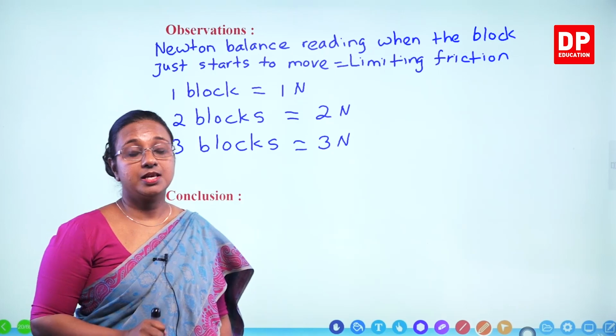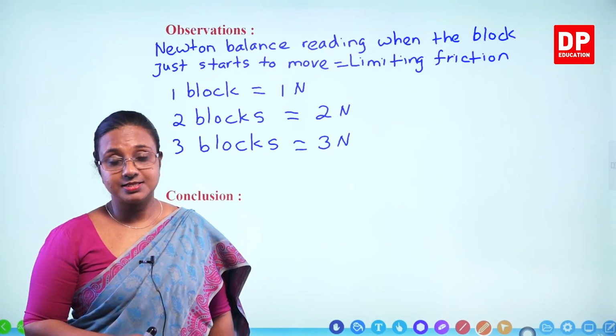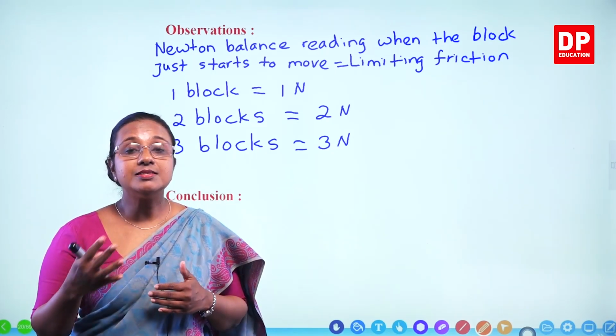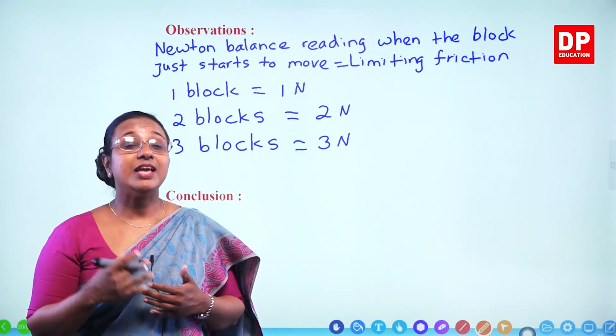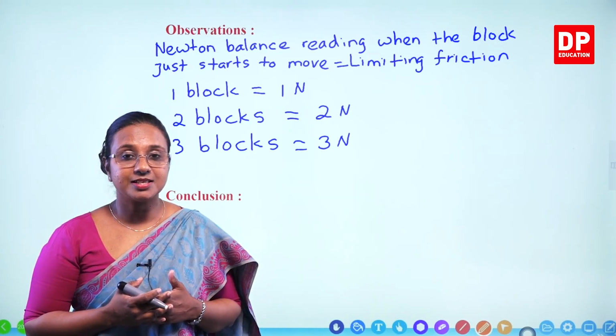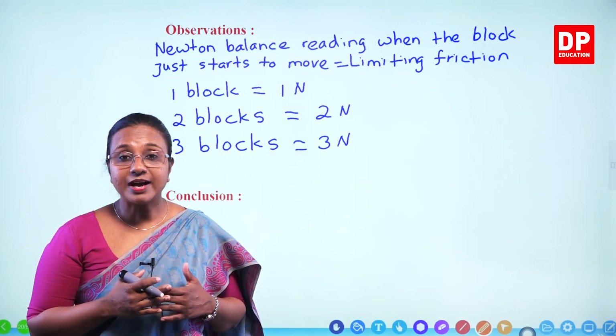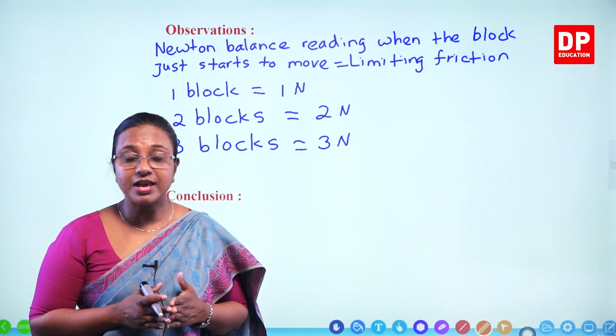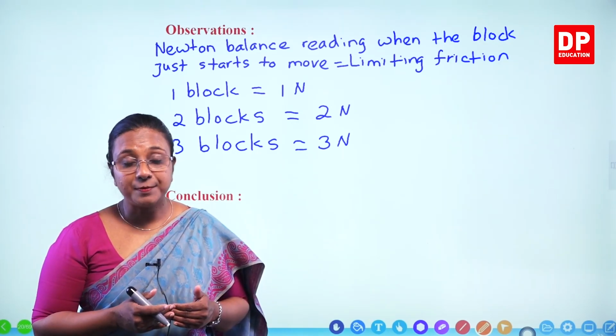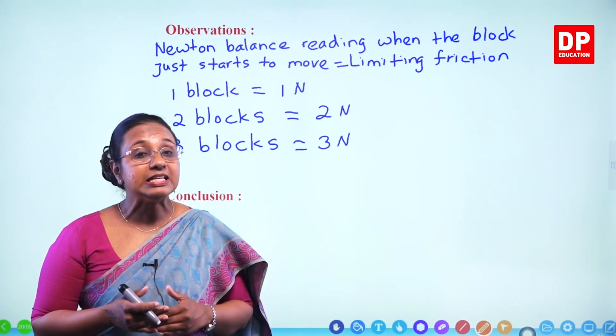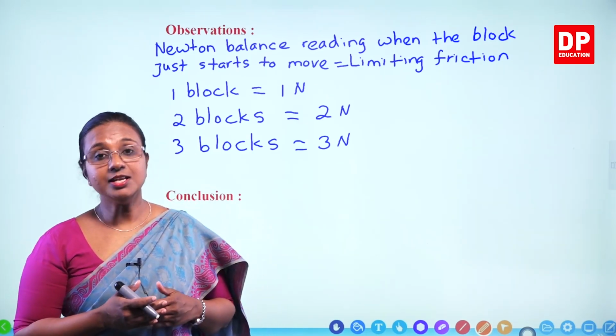So from this, what can you understand? When we increase the number of blocks, the weight of the block increases. What is the other factor? The normal reaction or the perpendicular reaction increases with the increase in weight.